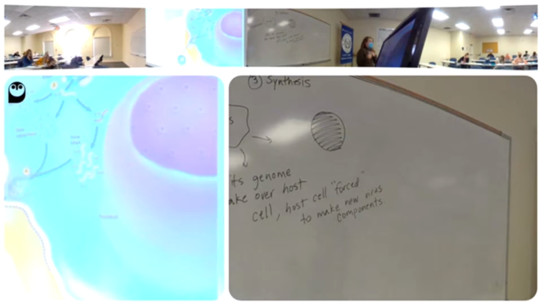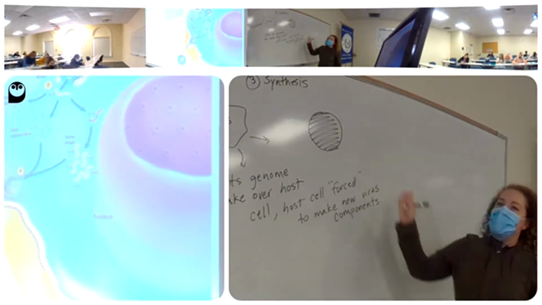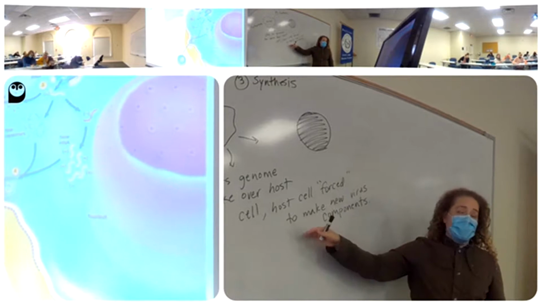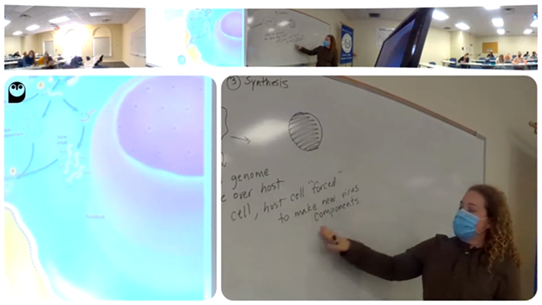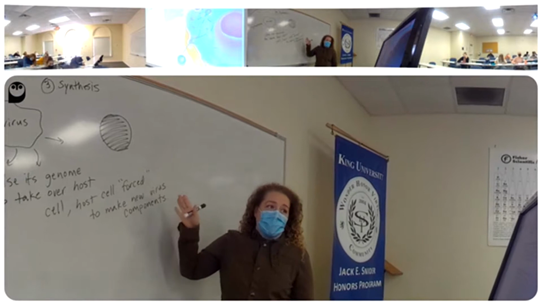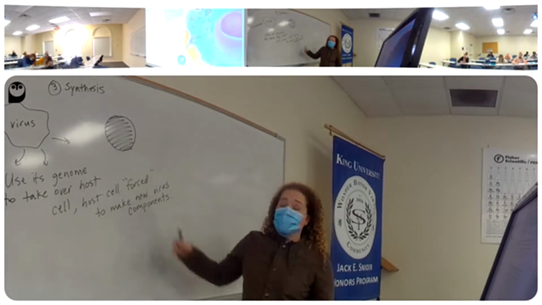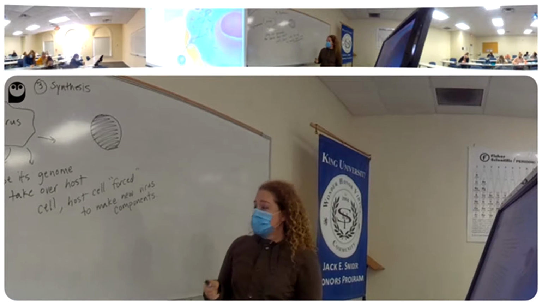So the virus is not doing synthesis, it's the host cell making viral parts. So, you know, there could be 5 kinds of components depending on the virus. Any of them that the virus needs, the host cell is going to make those components.